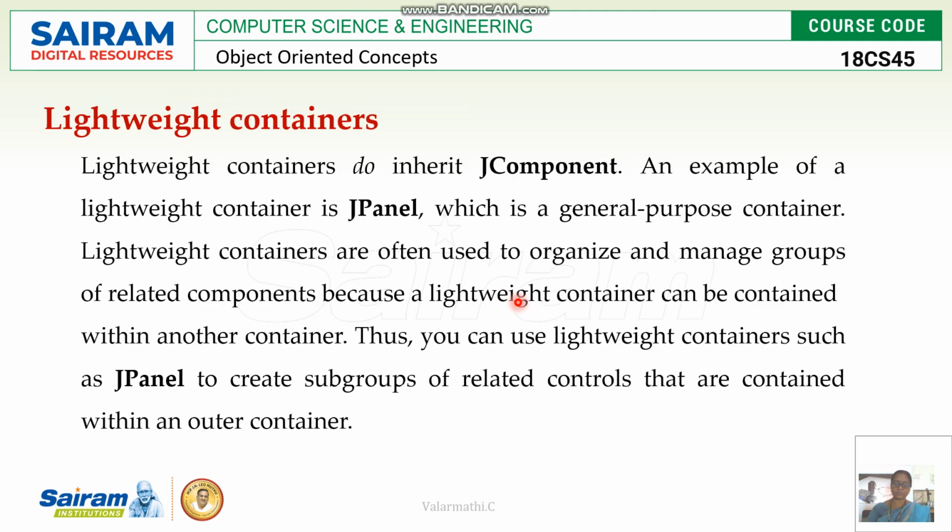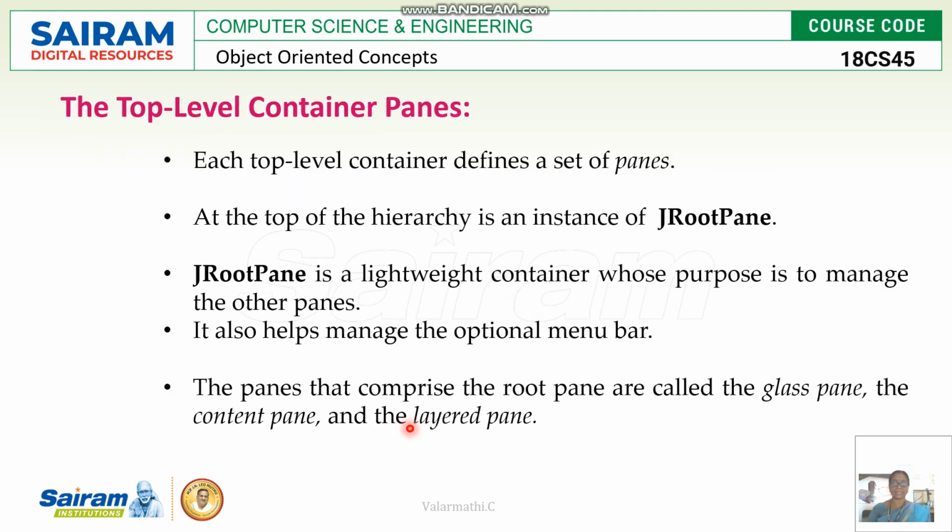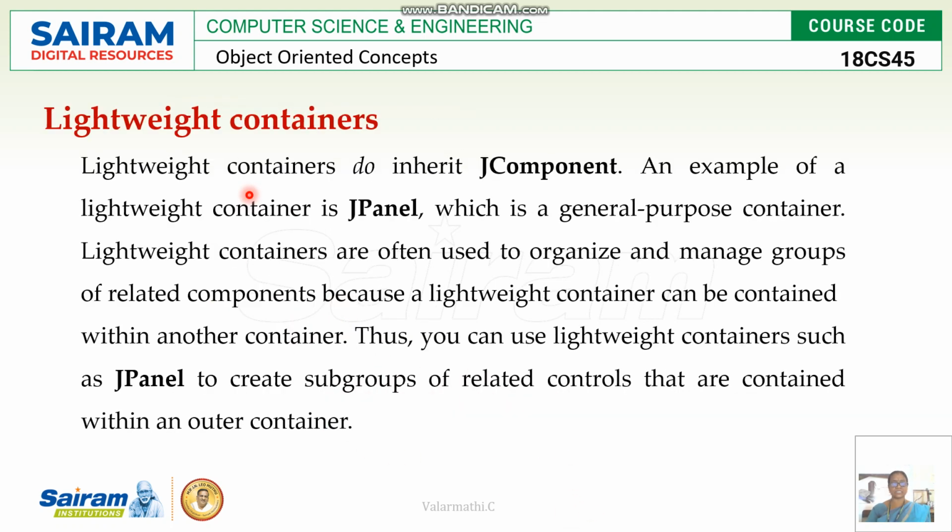Moreover, panes provide layered options here. In the normal AWT pane, that layered option is not allowed. But in the Java Swing root pane, the layered option means we can provide grid layout, border layout, and flow layout. These kinds of layout options are also provided in the Java pane.